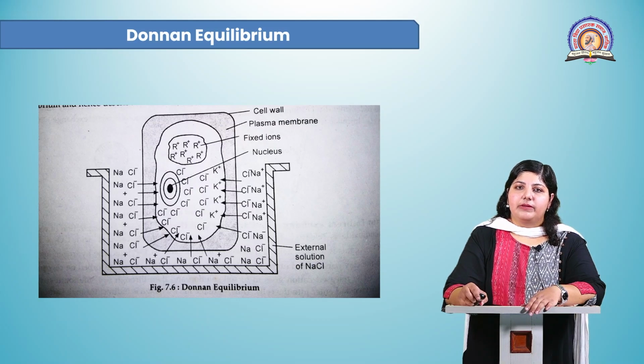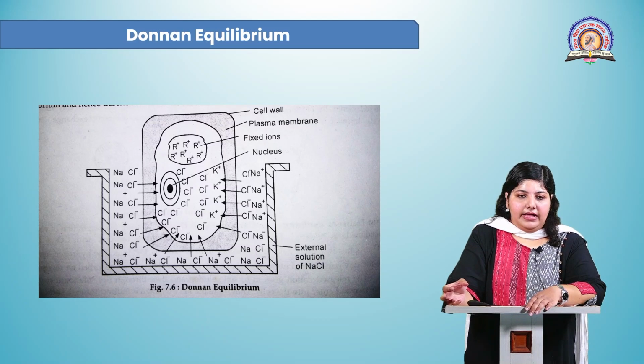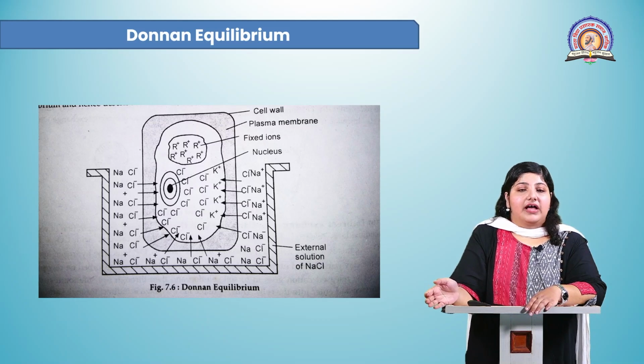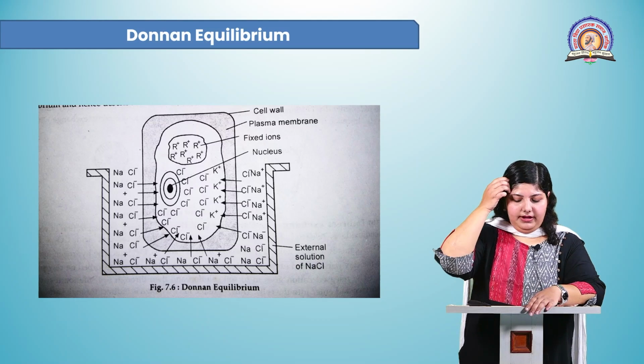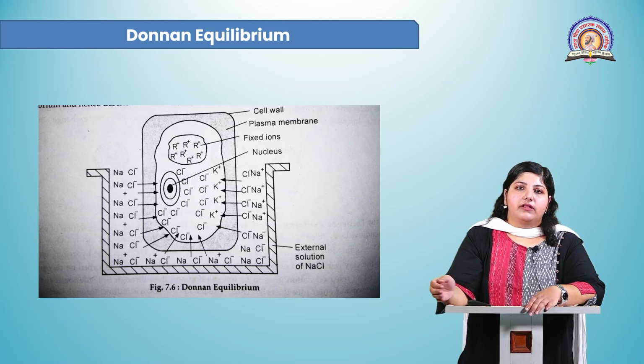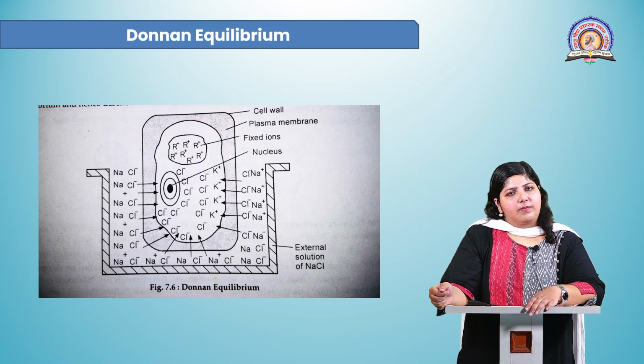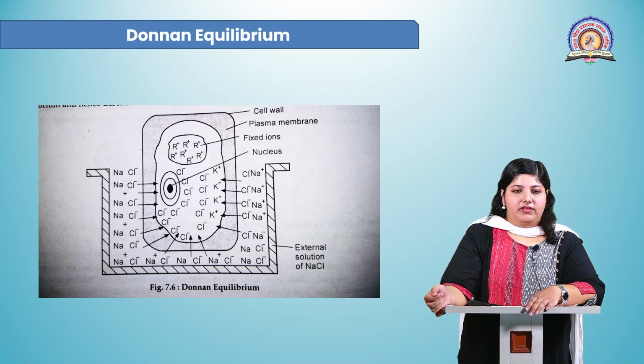Donnan equilibrium states that there is accumulation of some extra ions in the cell, which is against the concentration gradient. Now, the basic principle in passive absorption is that absorption takes place along the concentration gradient. So how does this against-the-gradient accumulation take place? Let us try and understand with this diagram.